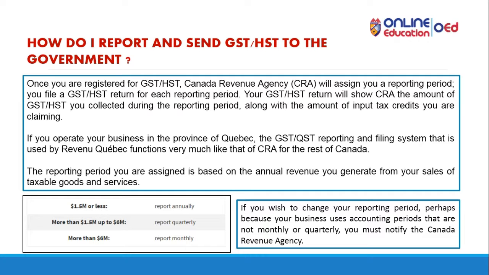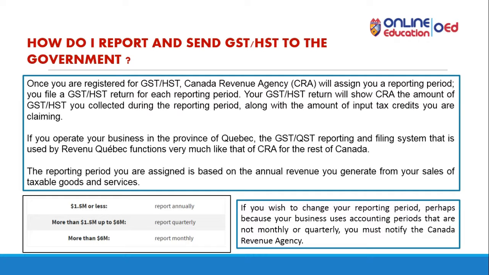Alright, if you wish to change your reporting period, perhaps because your business uses accounting periods that are not monthly or quarterly, you must notify the Canada Revenue Agency. Just in case you need to update them for the changes of your reporting period, you must notify the CRA for that.